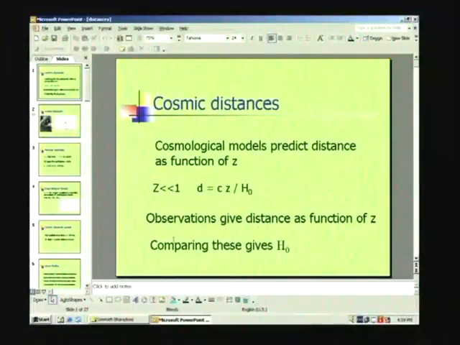Afternoon. We have been studying cosmic distances, and I told you in the last class that at small redshifts these distances give us the Hubble parameter, and at large redshifts we can use these distances to determine the cosmological model that we are in.